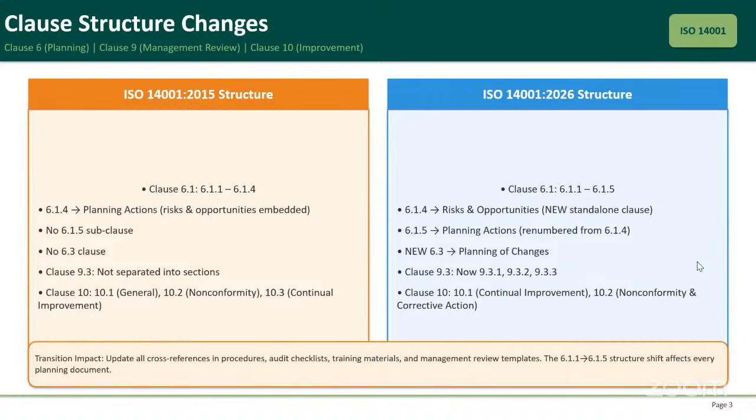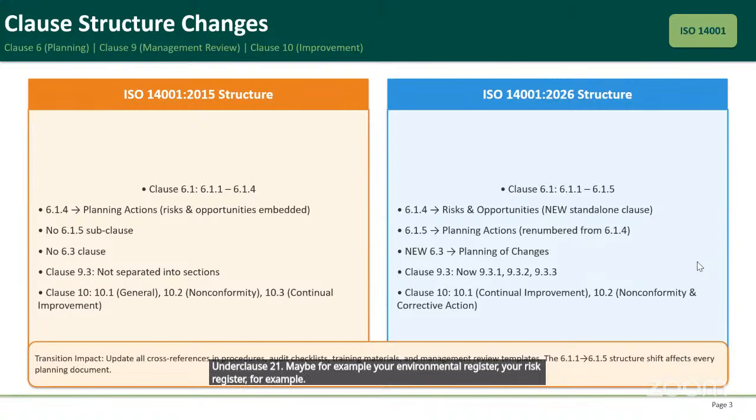For example, if you created the structure of your document to be exactly like the ISO standard, you now need to restructure it and put that particular requirement under clause 6.1.4, because before it was under clause 6.1.1. Maybe your environmental register, your risk register, that has identified many of these risks, if you are using the structure of the standard, you now need to position it under clause 6.1.4. That is just the difference. The requirements are still the same.